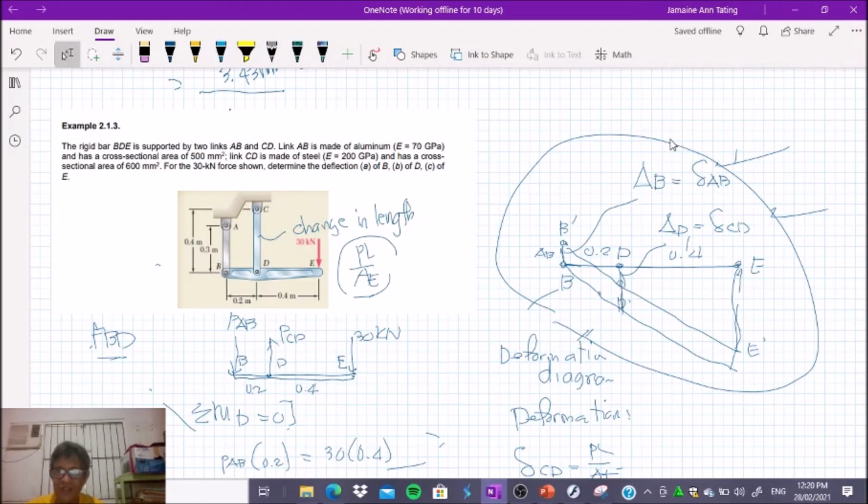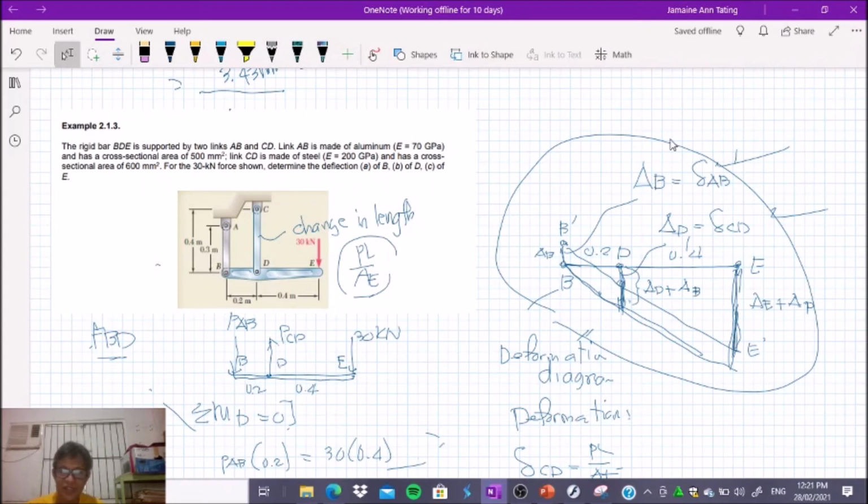So, lalabas, this will be delta D plus delta B. Then, this will be delta A plus delta B. So, ito na ngayon ang ratio proportion mo. So, magiging madali na pag-compute mo ng value nitong delta E.